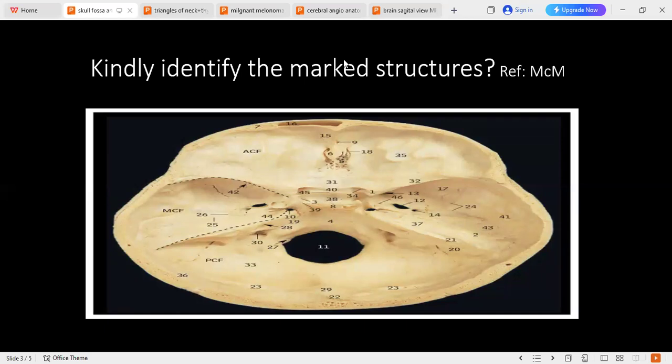If you could identify number 11 here. Foramen magnum. What passes through the foramen magnum?